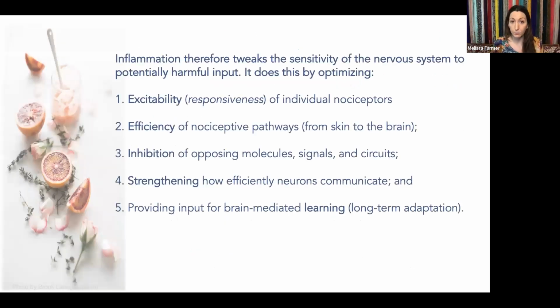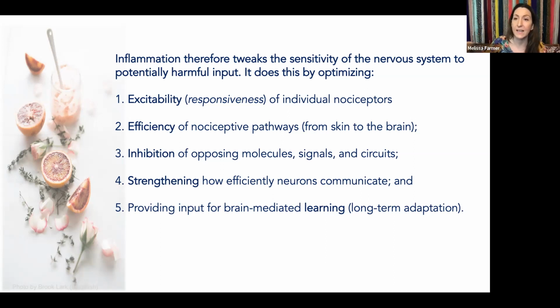So the output of that is a few things. Inflammation tweaks the sensitivity of the nervous system to potentially harmful input, and it does it by optimizing how responsive these receptors are, how efficient the pathways are.